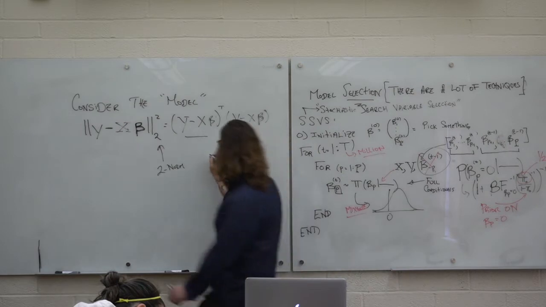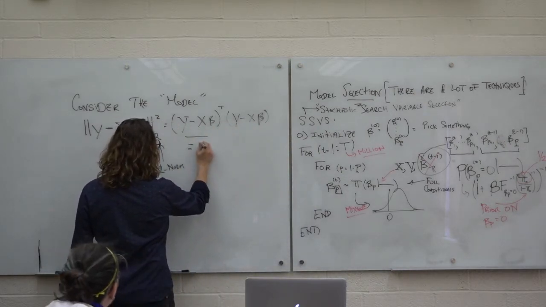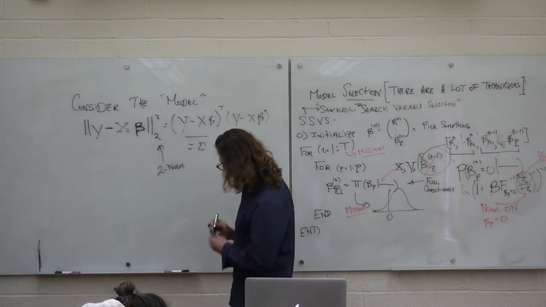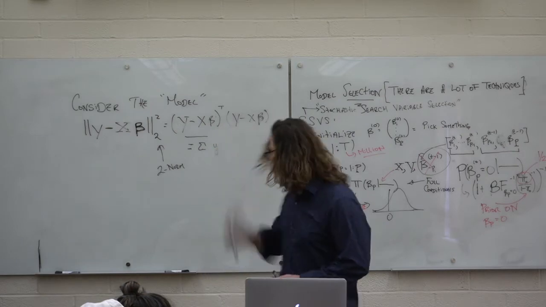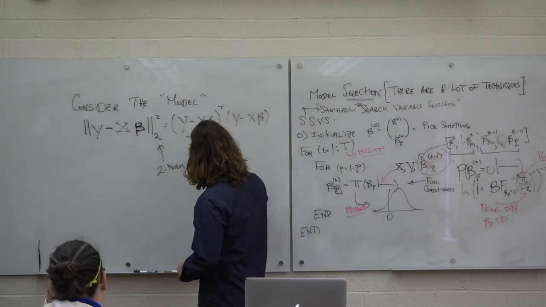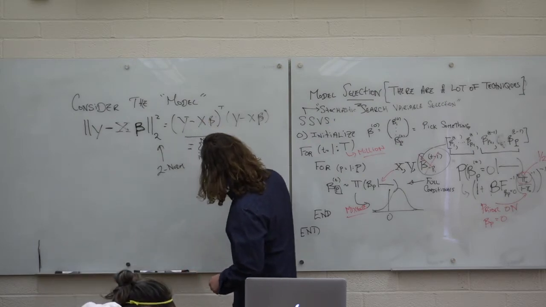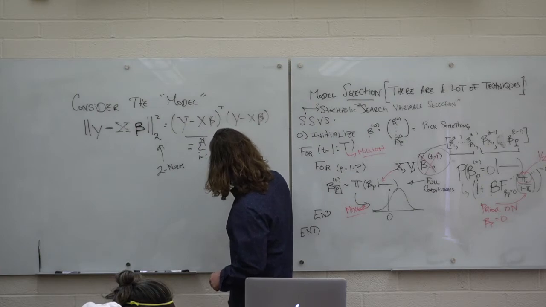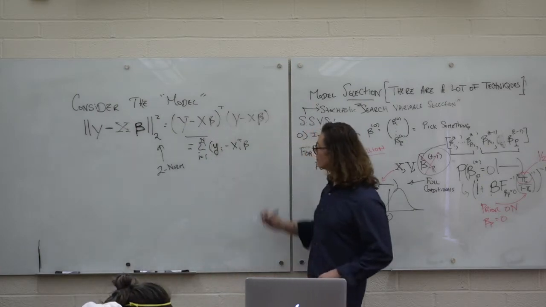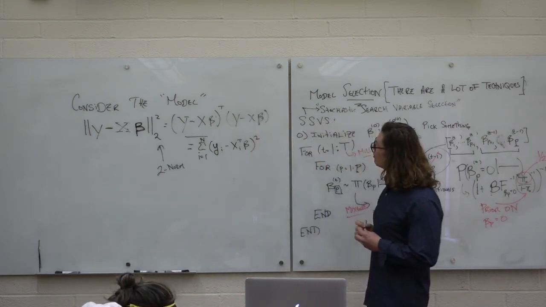There's another way that you could write this. This is equal to the sum of the yi's, there's n of these, minus xi transpose beta, so the associated x with y, and then I just square that thing out.